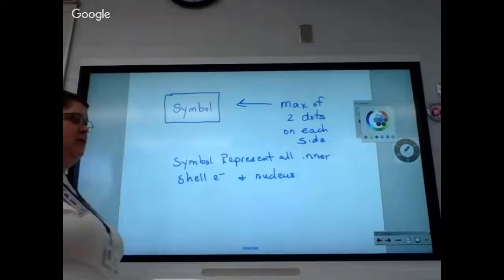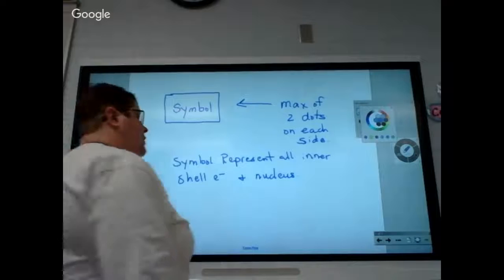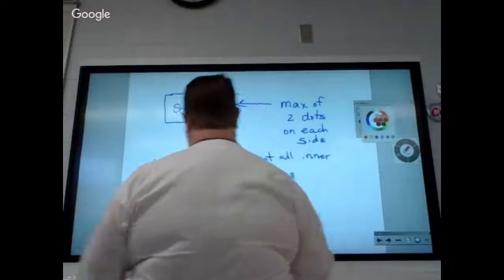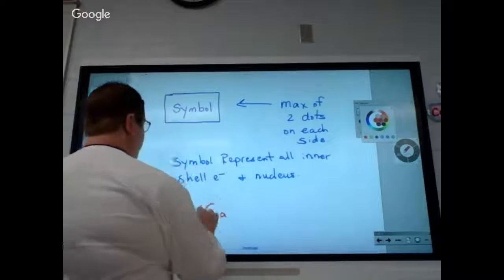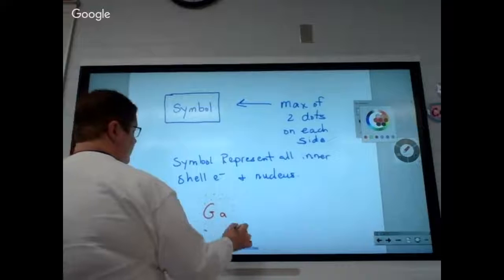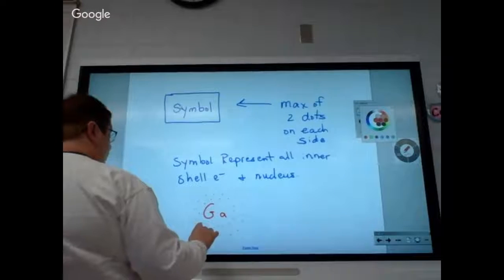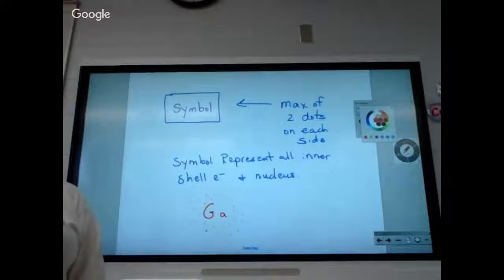This is what cracks me up when I ask for a dot diagram. If I draw, for example, gallium, which has 31 electrons, and people draw something like this for me, which I actually get on the test, how many electrons did y'all just tell me gallium could have? Maximum. If you don't know the answer, you need to guess something between 1 and what?